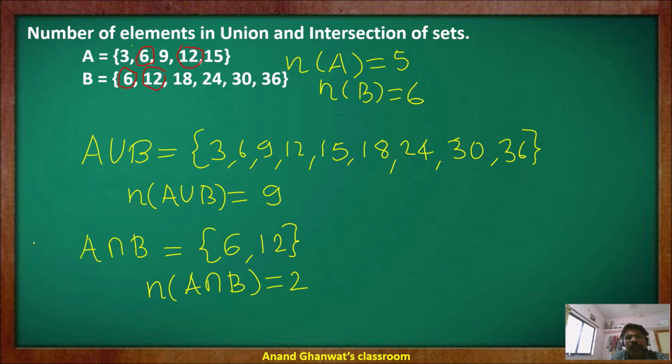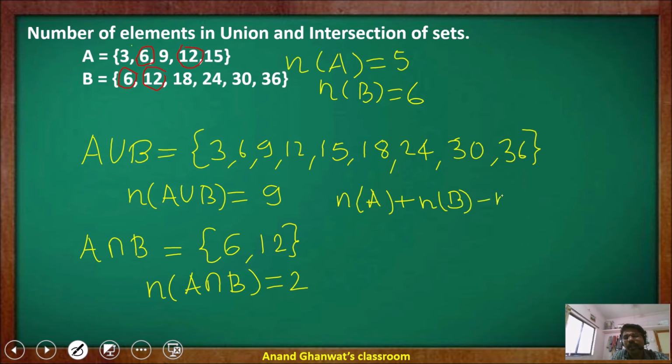Let us find n of A plus n of B minus n of A intersection B. So it is equal to n of A, that is 5, plus n of B, that is 6, minus n of A intersection B, that is 2.